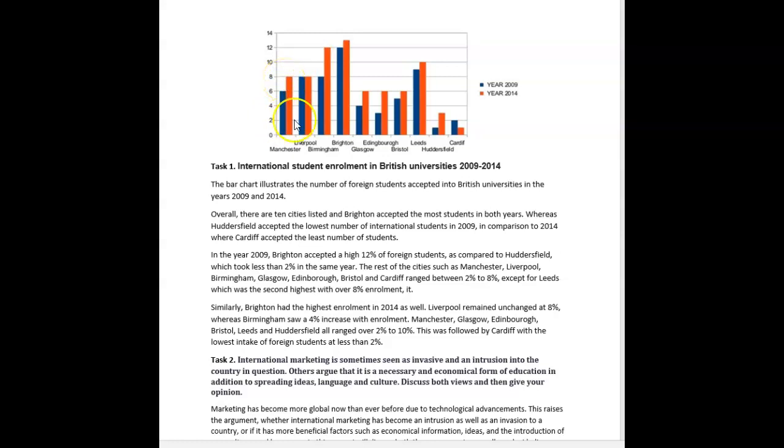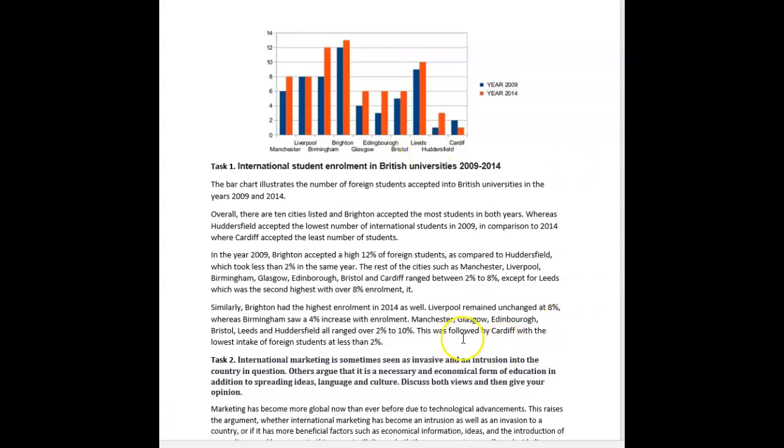Yeah, between 2 and 8. And then except for Leeds, let's see where Leeds was. Okay, Leeds was at around 9%. Okay, yeah. So I thought you did a great job of this. I thought that was really smart. What you did is you decided to talk about the outliers. So the highs, the lows, even the second high in 2009, and then you just kind of smushed the rest of them together. I thought that was a good idea.